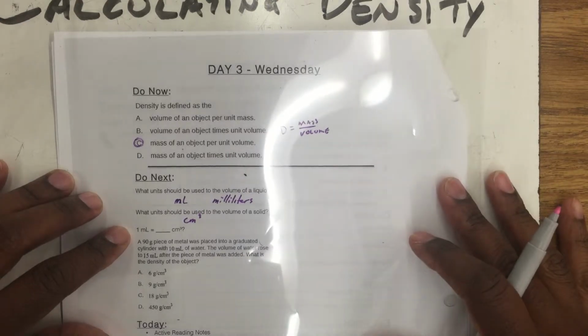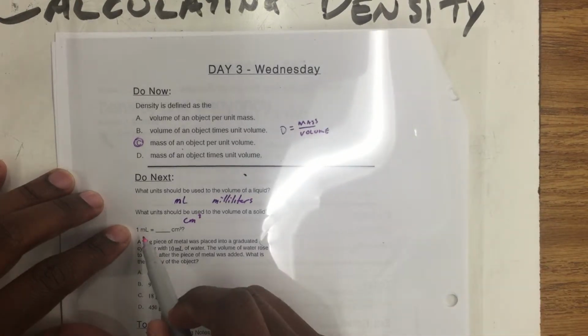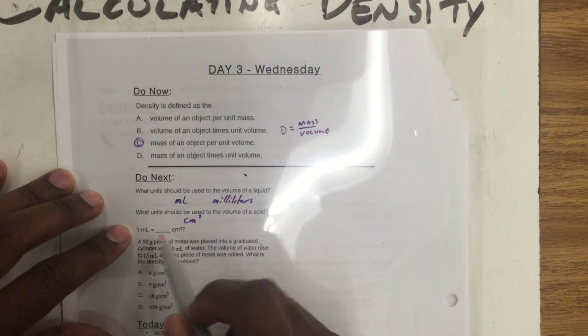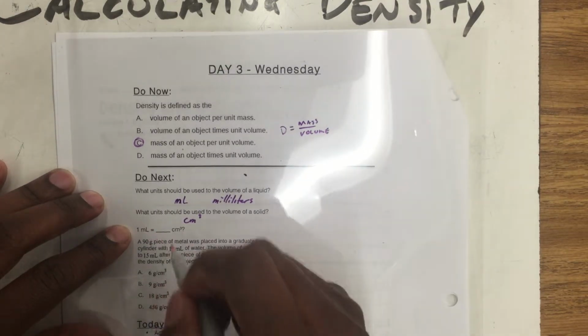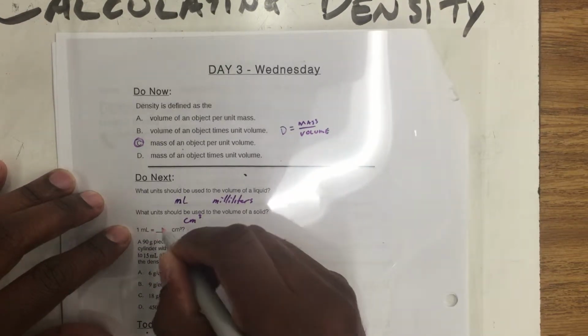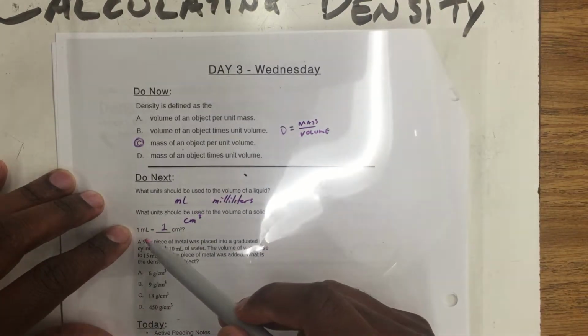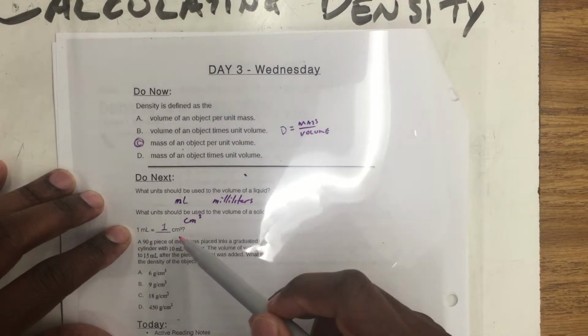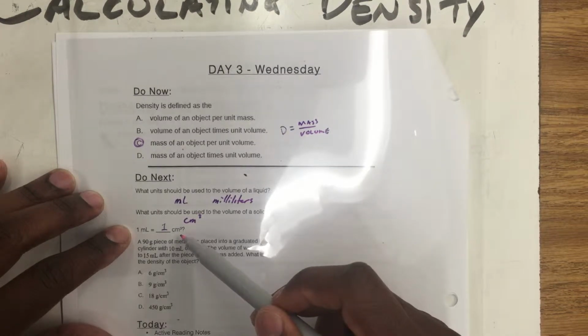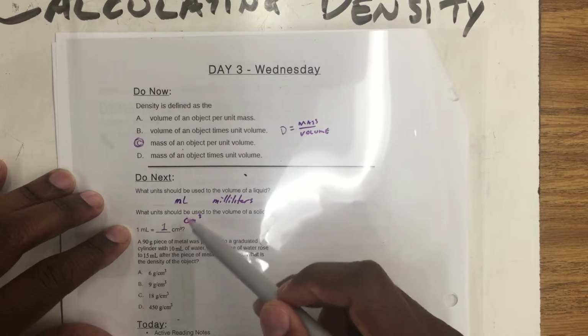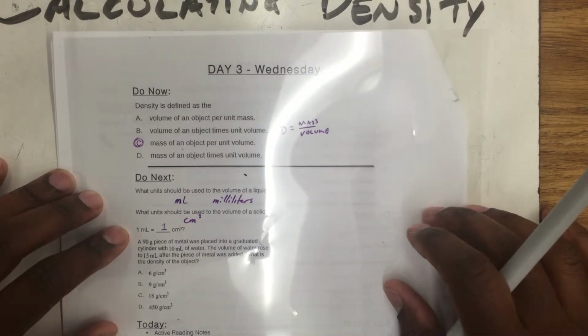Now, it says 1 milliliter is equal to how many centimeters cubed? Well, this is the same volume. So 1 milliliter is the same thing as 1 centimeter cubed, except like we just said, we use milliliters when we're measuring liquids, and we'll use centimeters cubed when we're measuring the volume of solids.